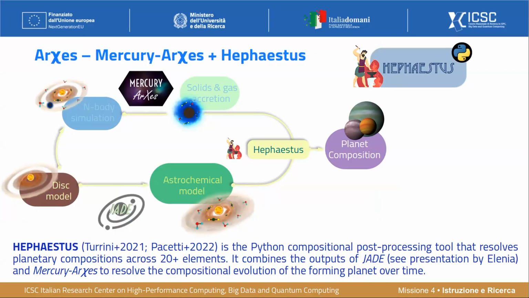Basically it gives us the evolution of the composition of the planet element by element, over a spectrum of 20 elements, until it gives us the final composition. And we are using this to trace the competing effect of gas and solid accretion onto the planet to determine the composition.